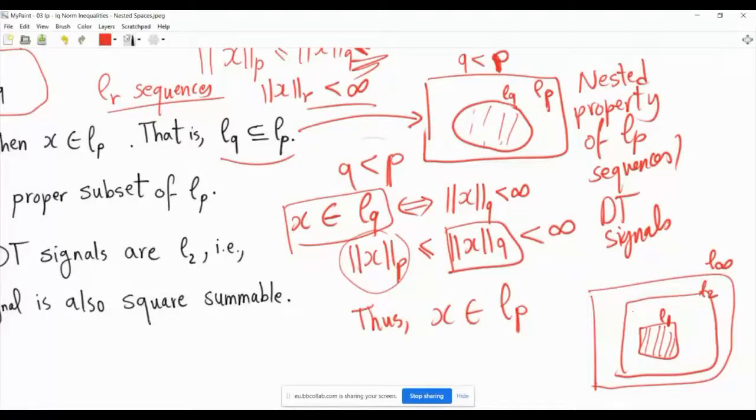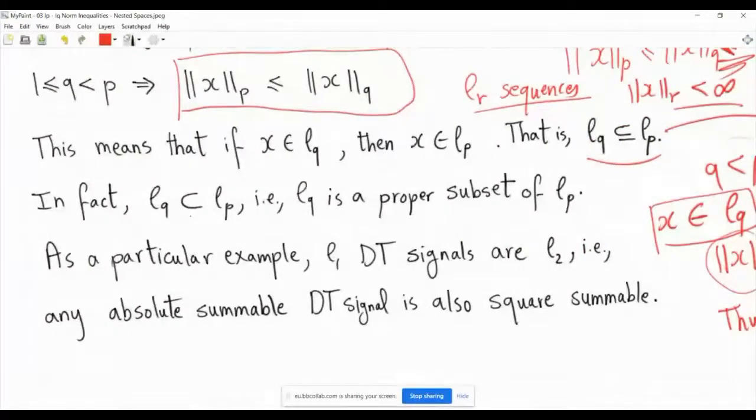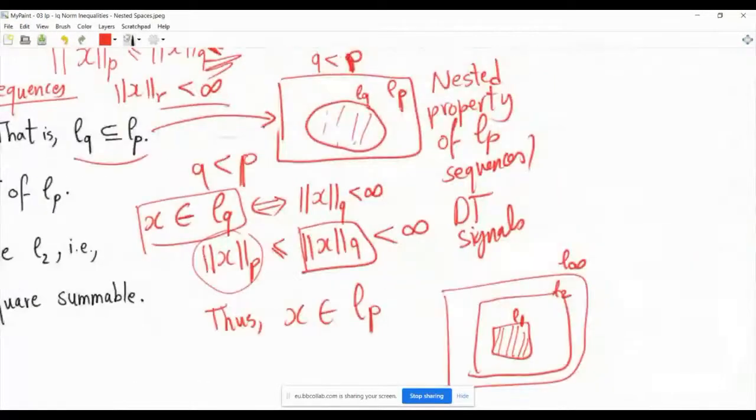And here's a claim. I am drawing it like this presuming that there are sequences that are L2 but not L1. So the L1 sequences are a proper subset of the L2 sequences.